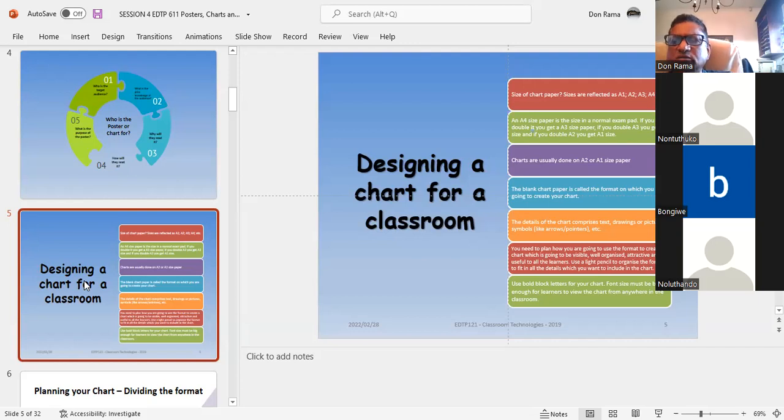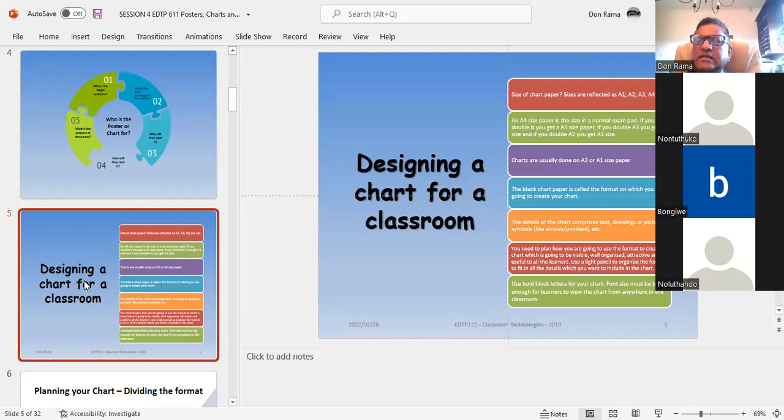So an A1 piece of chart paper is a big piece of chart paper, right? So always think, when we're talking about the size of the paper, if it's A1, you must know it's a big paper. If it's A4, it's the ordinary paper that we write on or get our notes on. So that's one thing that you need to know, on what format you are preparing your chart.